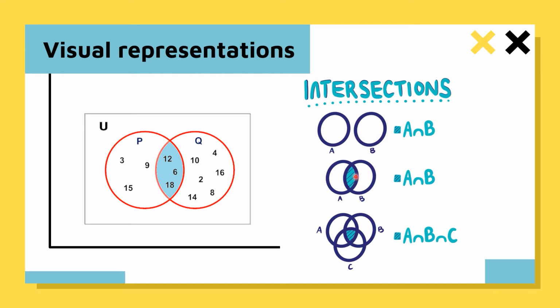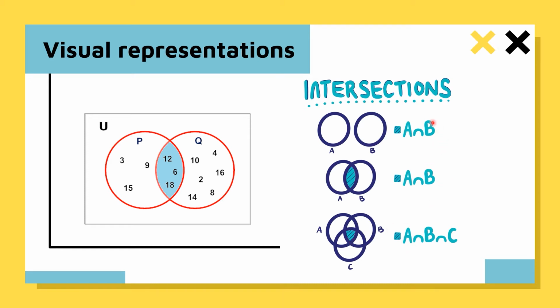If I have a common element, I will shade this common part alone with straight lines. If I have three sets, when it comes to A intersection B intersection C, we need the elements which are common to all three sets. This is the region common to all three, so I will shade only this region. For two sets I will shade like this, and for three sets I will shade like this for the intersection. Got it? So this is the Venn diagram representation of intersection.